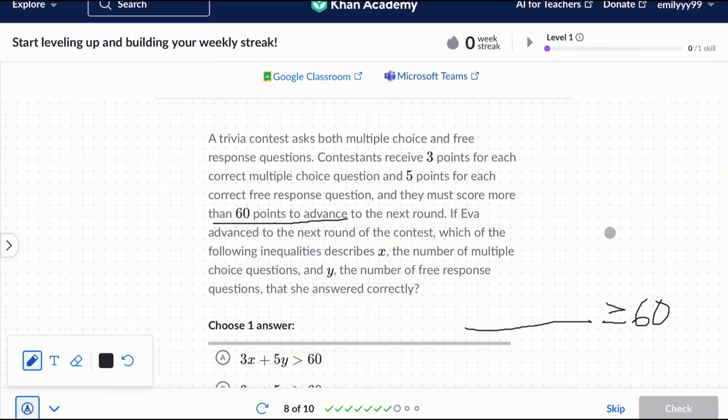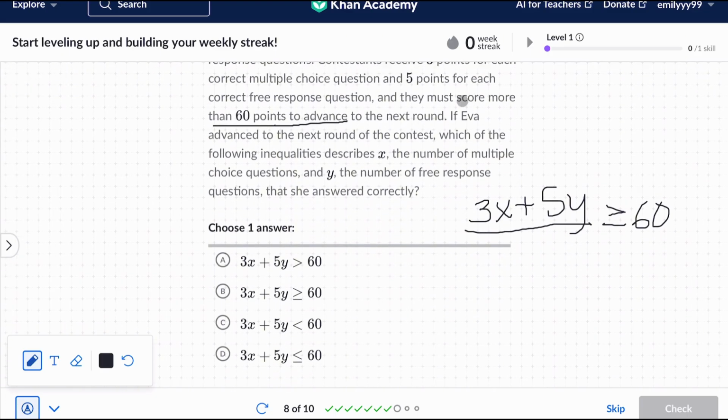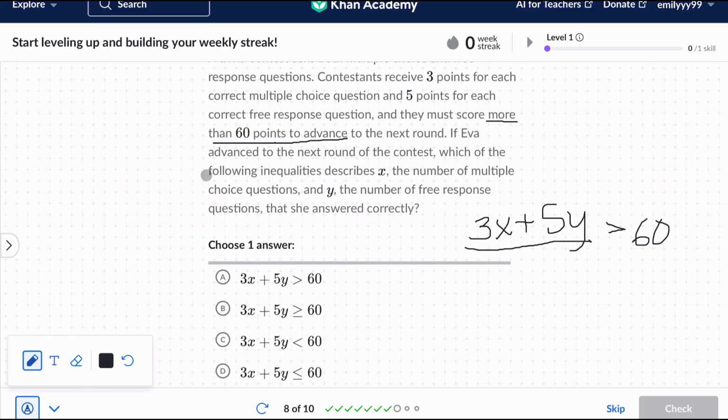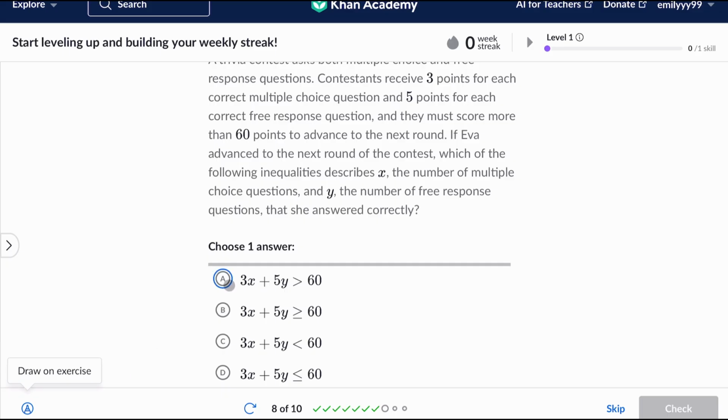And then we don't know the amount of free response or multiple choice, so it's 3x, where x is multiple choice, and y is free response, plus 5y. So that should be our equation. Oh, shoot. They must score more than 60 points. So it's actually just greater than. It's not greater than or equal to. I get so used to writing that at the bottom now. So it should be A.